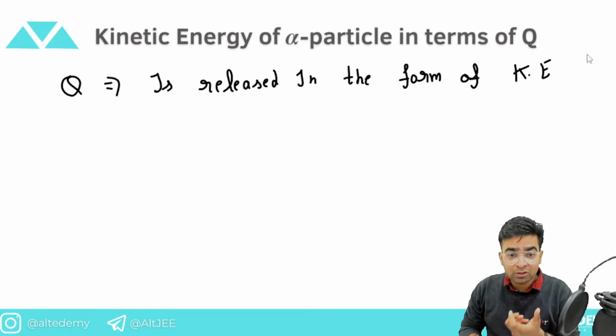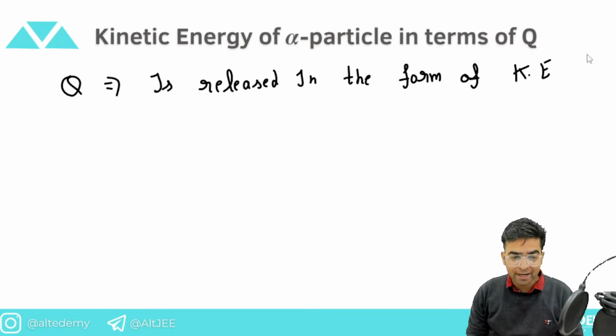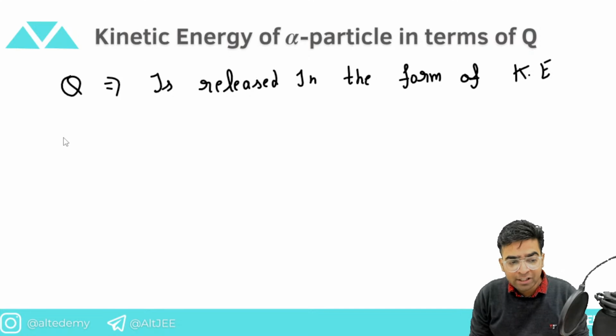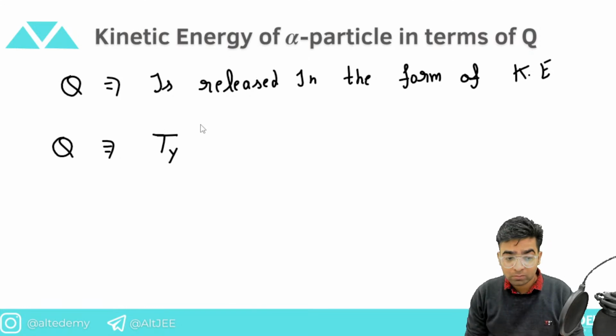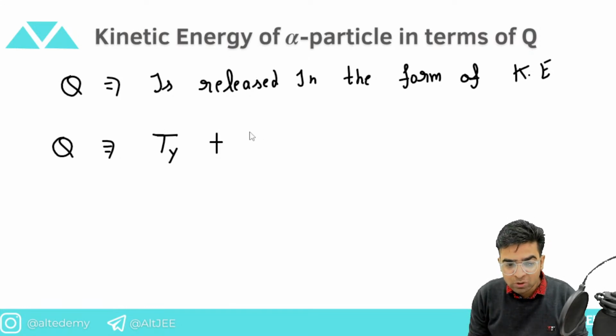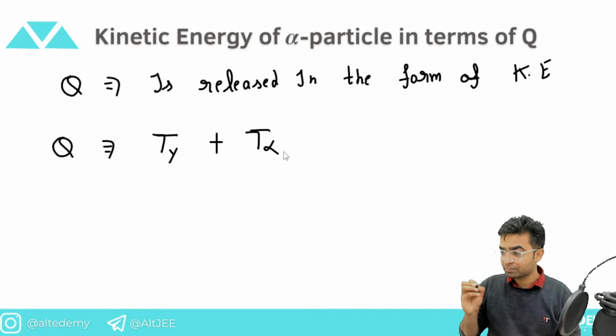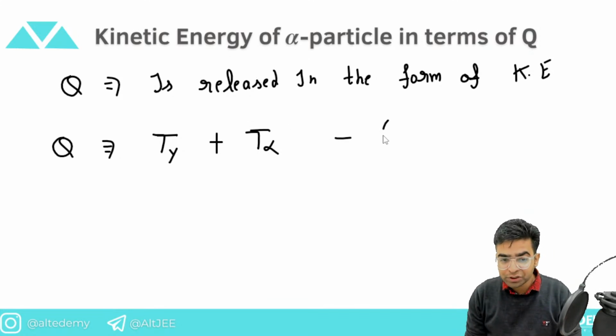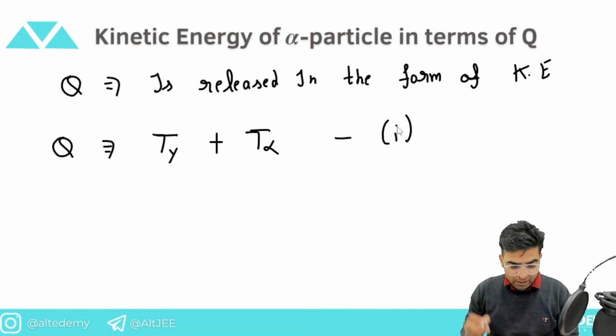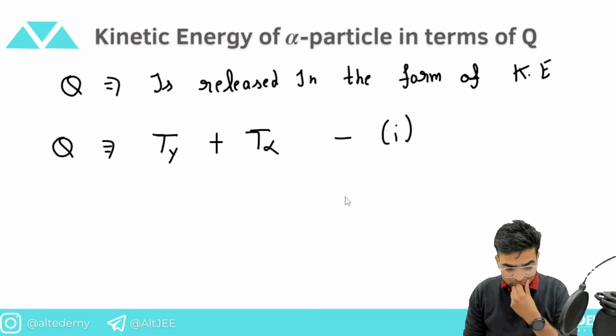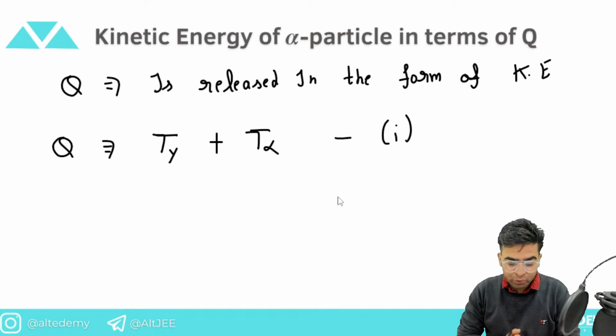So the daughter atom and the alpha particle have kinetic energy, and Q will be equal to the kinetic energy of the daughter atom and the kinetic energy of the alpha particle. Equation 1.